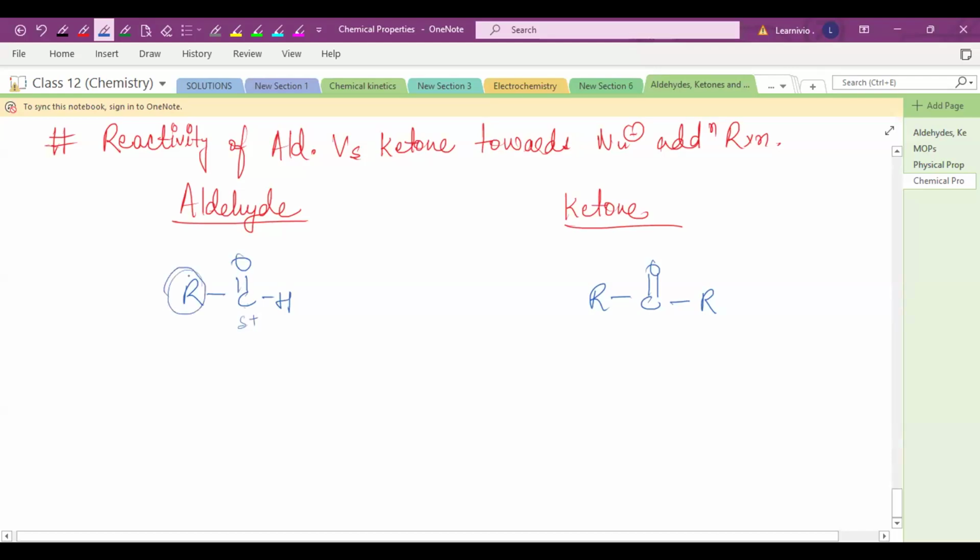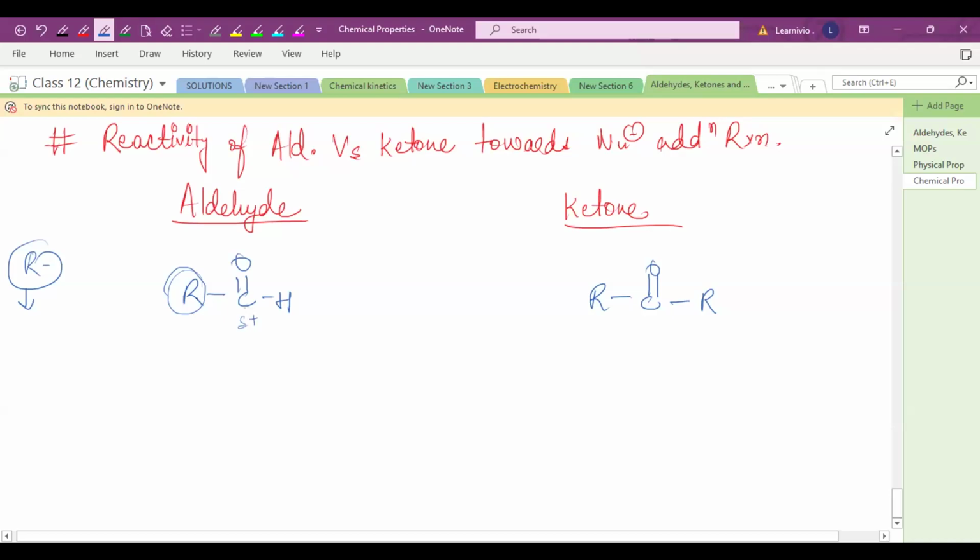In the aldehyde, only one alkyl group is present. So there will be a smaller plus I effect, because you know very well this alkyl group is a plus I group. This is an electron donating group which pushes the electron density towards the adjacent carbon.